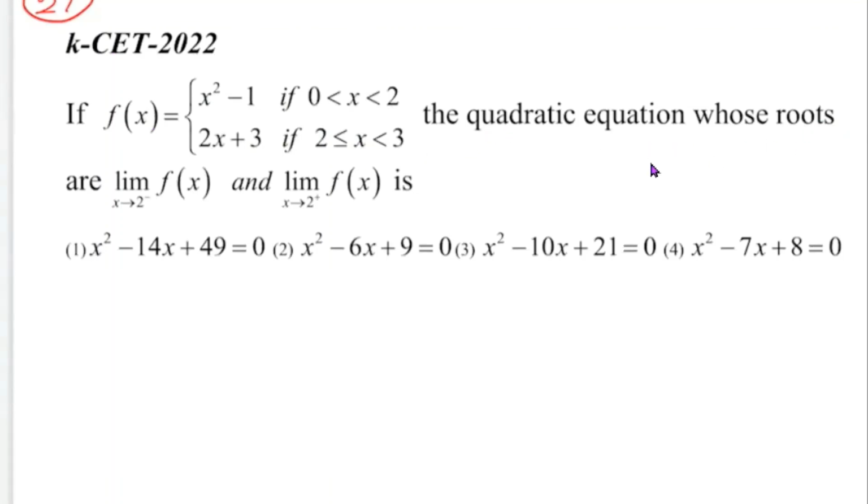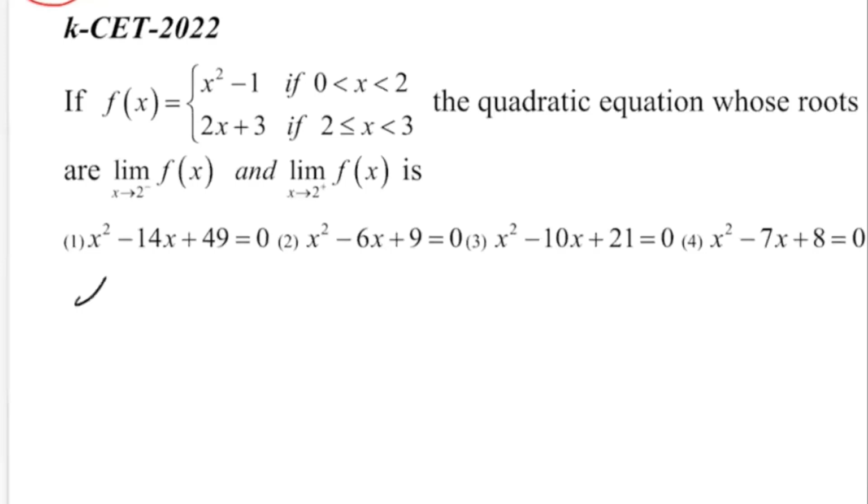The quadratic equation whose roots are limit of f of x as x tends to 2 minus, that is left hand limit of the function as x tends to 2, and limit of f of x as x tends to 2 plus, which is the right hand limit of the function as x tends to 2. So if you take these values as alpha and beta, now we need to find the quadratic equation whose roots are alpha and beta.